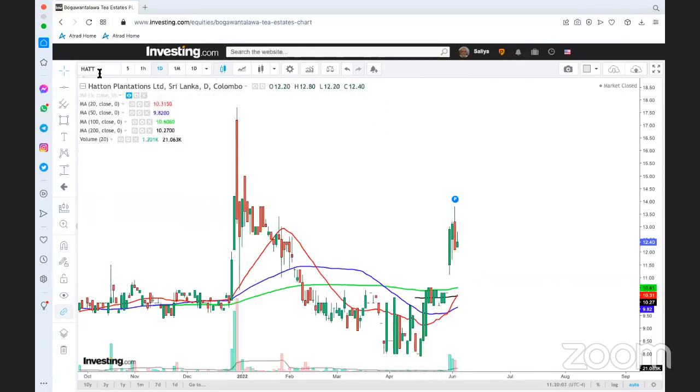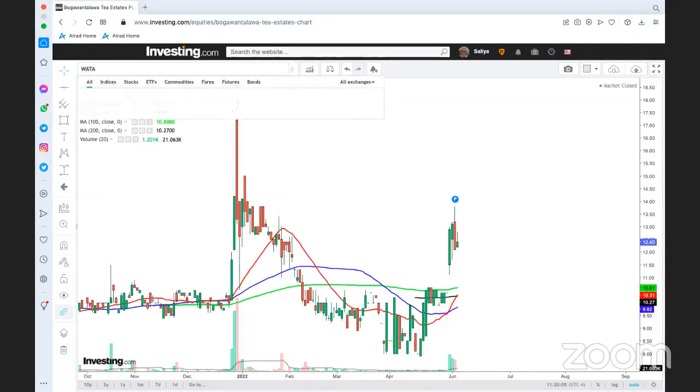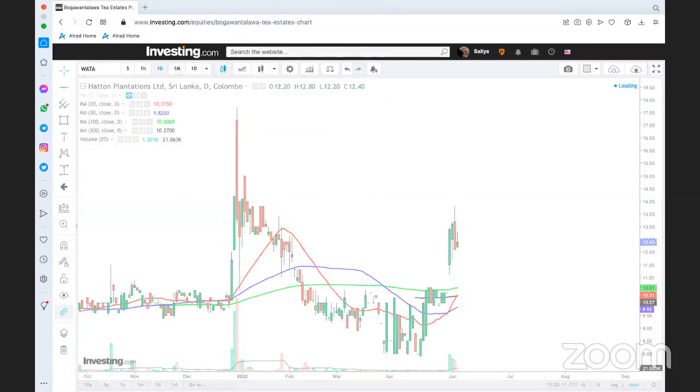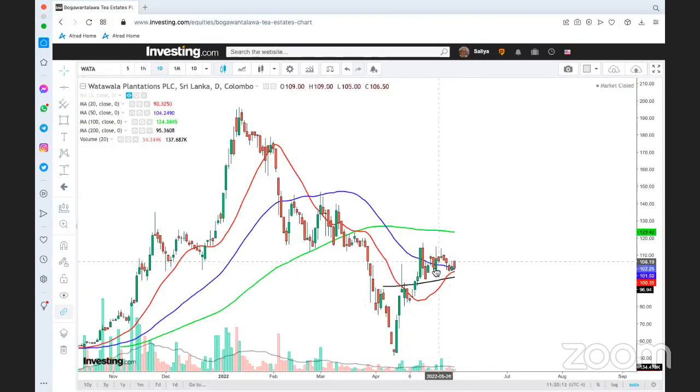Right. Then let's look at Watervilla Plantation, the same company. Watervilla is below all 4 moving averages, taking support at this area.